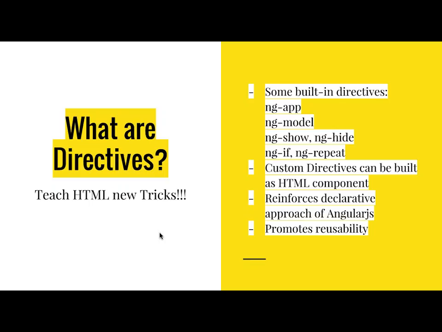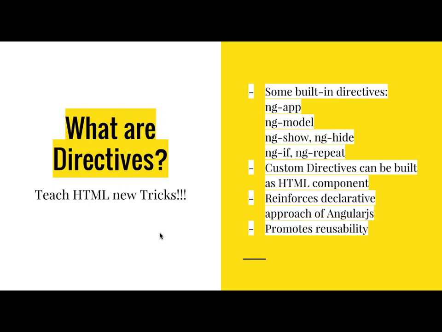Whenever we have a component, we have functionality tagged into it. It can reinforce the declarative approach, and it can also promote reusability. Now it depends on you whether you want it to be totally reusable, as in you want to package it as a file and deliver it to people.